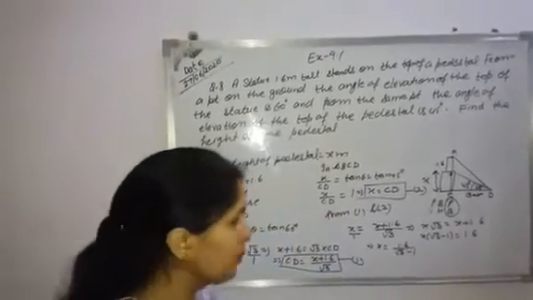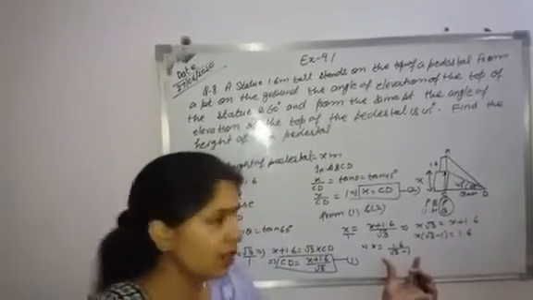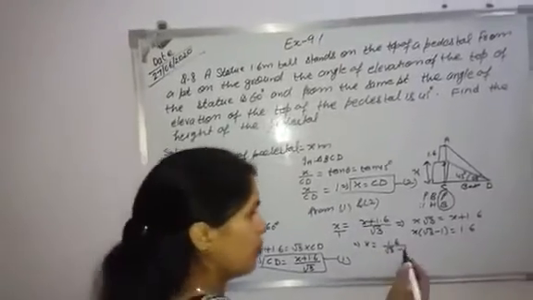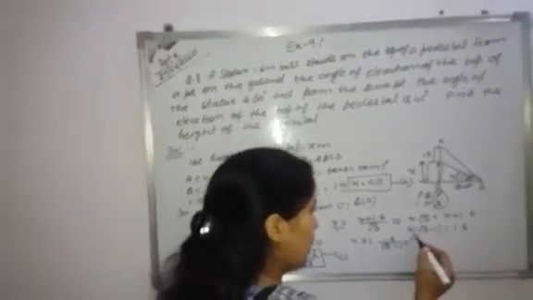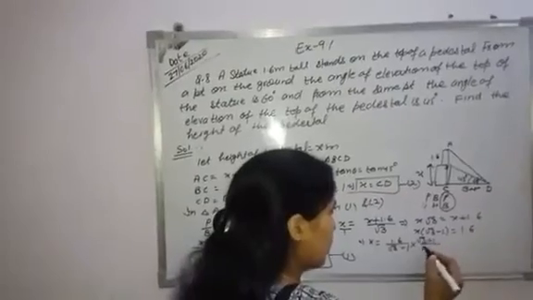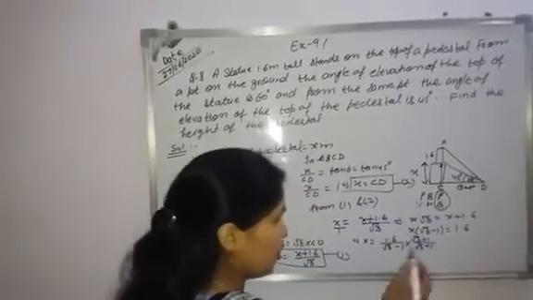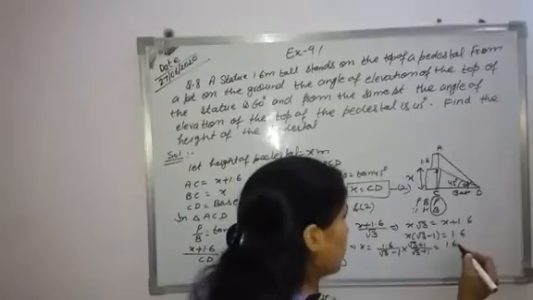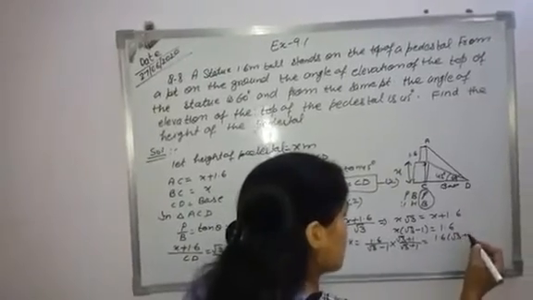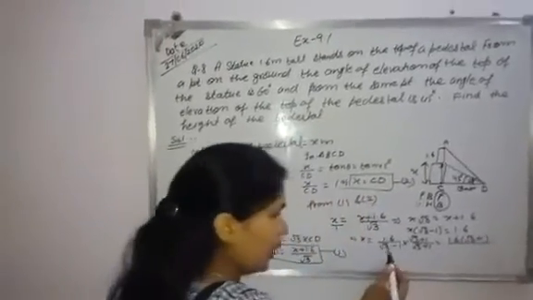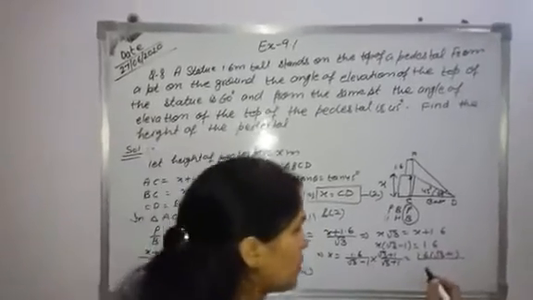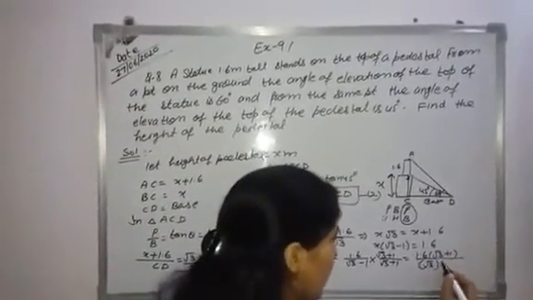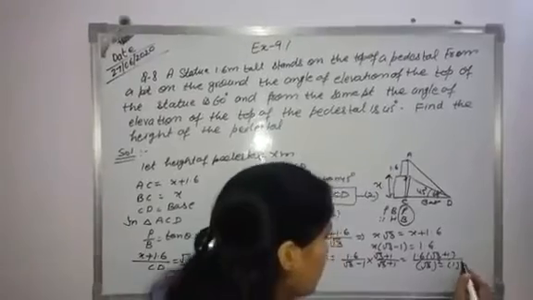And here this square root term is in denominator, so we have to simplify this term. Multiply and divide by root 3 plus 1. So this is equal to 1.6 times root 3 plus 1 divided by a minus b into a plus b, and this value is a square minus b square.